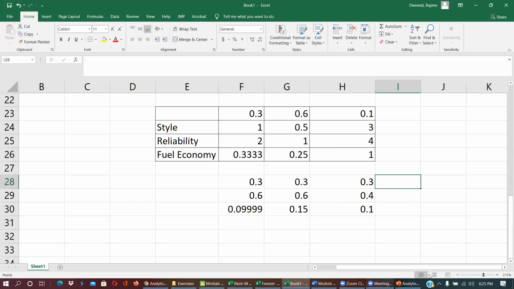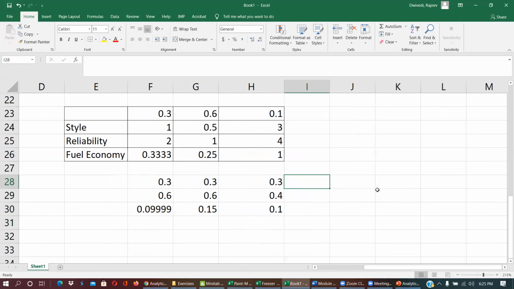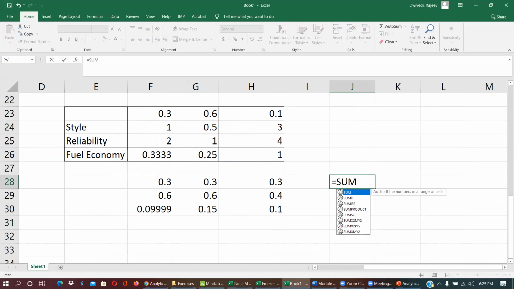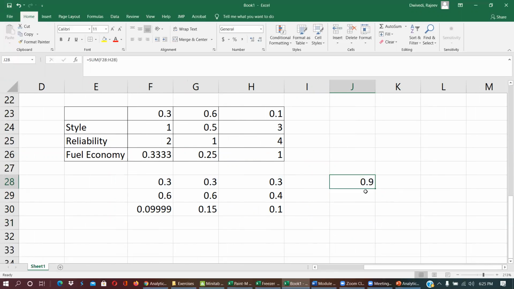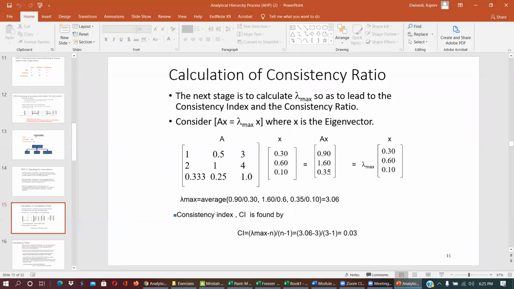So we got this. Now we are going to do the sum of the row. So equal to sum. If you see 0.9, 1.6 and so on, they have just again rounded up to this value.